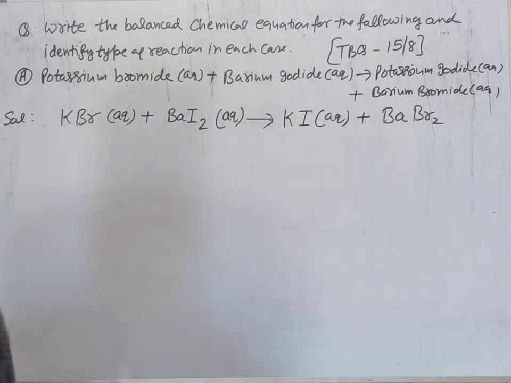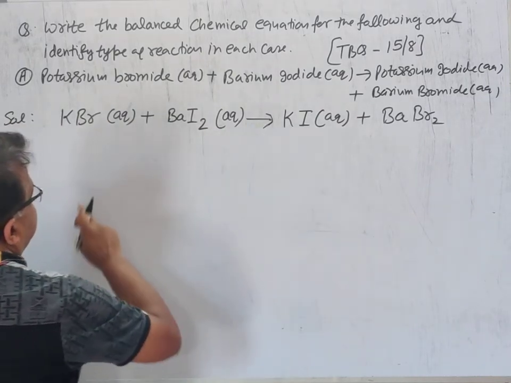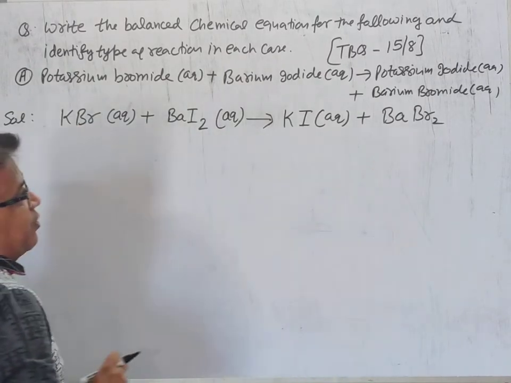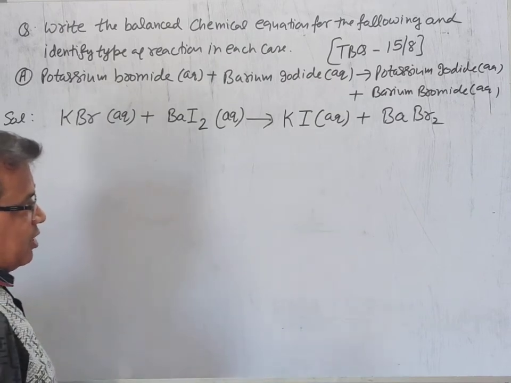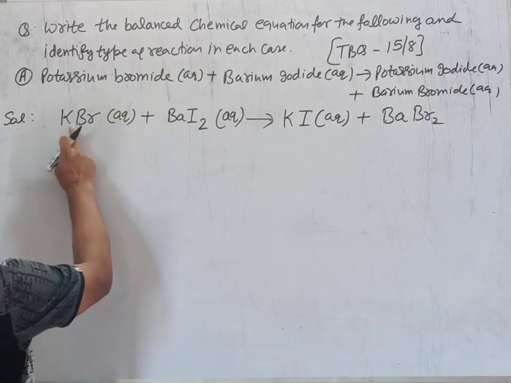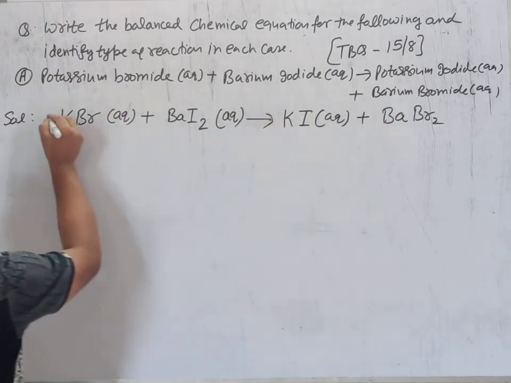Then we shall balance it. For balancing, if we check, K is 1 on both sides. Br here is 1, here it is 2. So we shall equalize them. For doing so, we shall not reduce anyone, we shall increase which is less. So this 1 will be converted into 2. We shall not write anything here, we shall write in front. So it is 2.